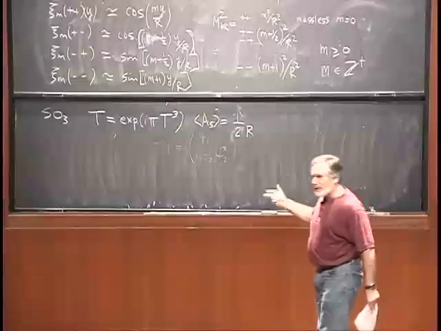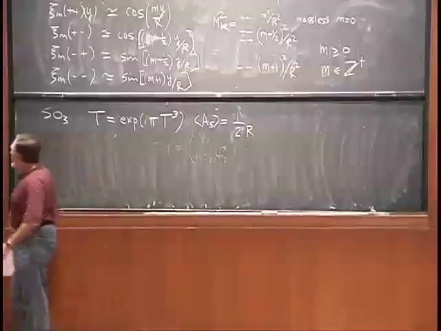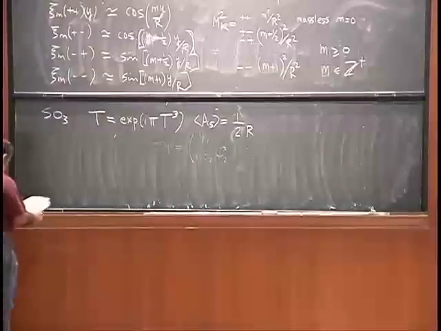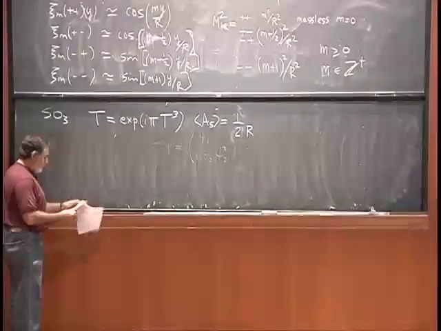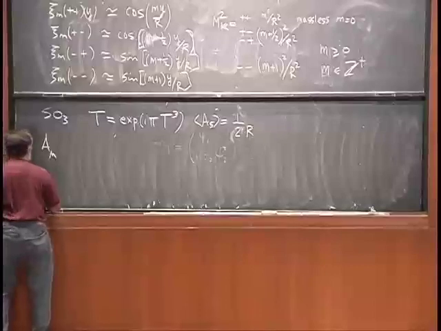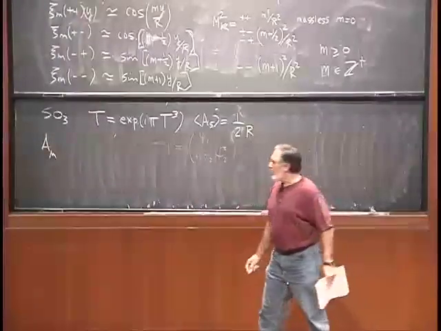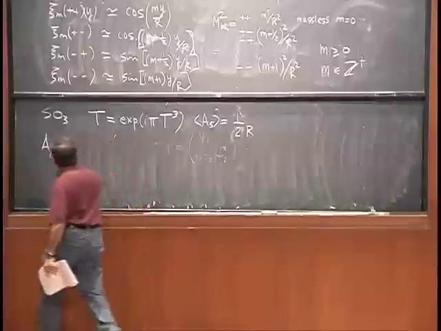A5, in fact, we'll choose A5 to go to minus A5. Before I get bogged down with that, let me say the following. Let's choose certain parities for the fields. So let's look at the four-dimensional gauge fields, A mu, and we'll look at them, say, in the third direction.